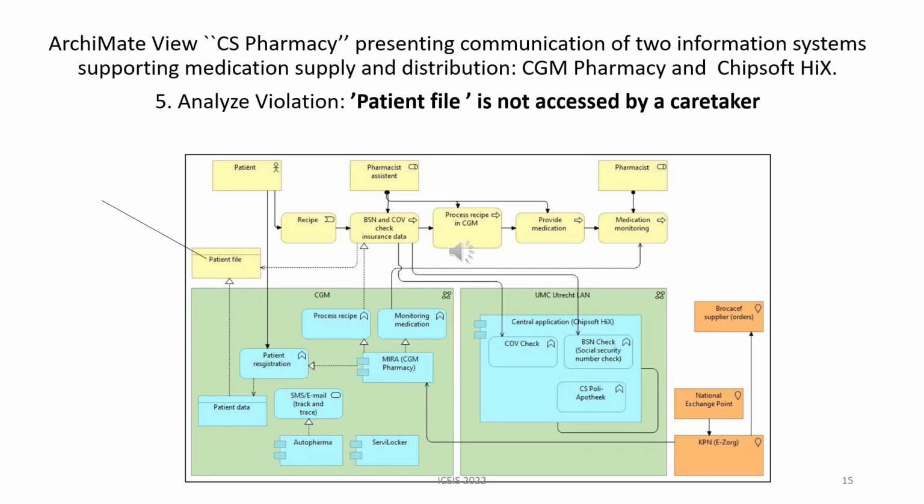This view presents two information systems used for supply and distribution of medications. The violation patient file is not accessed by a caretaker has been shown to architects. The enterprise architects have acknowledged that they have forgotten to apply this policy.